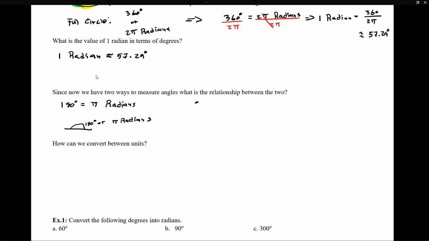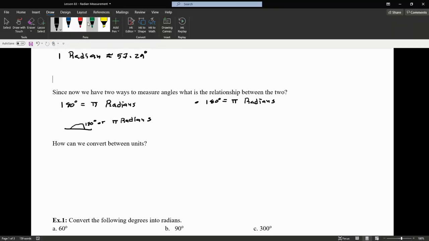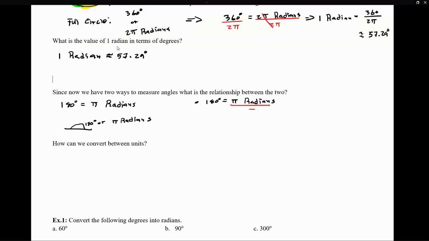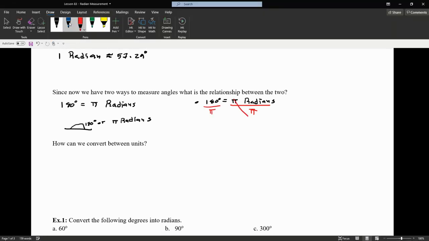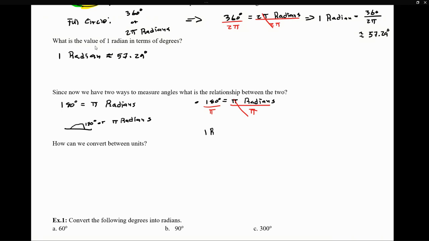And if that is true, since 180 degrees is equivalent to pi radians, then if we divide by pi on both sides, now we can see that also 1 radian is equivalent to 180 over pi.